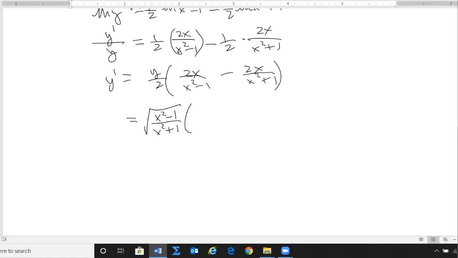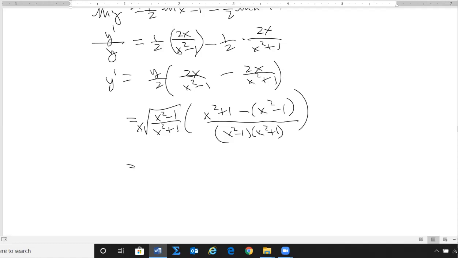I guess we could factor out that x in front, and just put these together: x squared plus 1 minus an x squared minus 1 over x squared minus 1 times x squared plus 1.